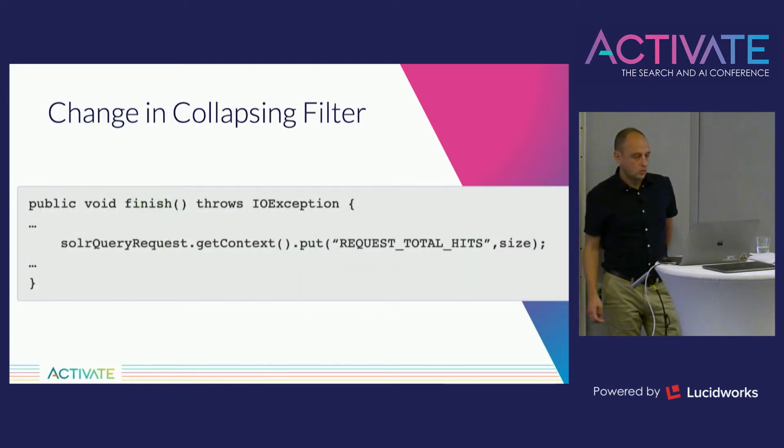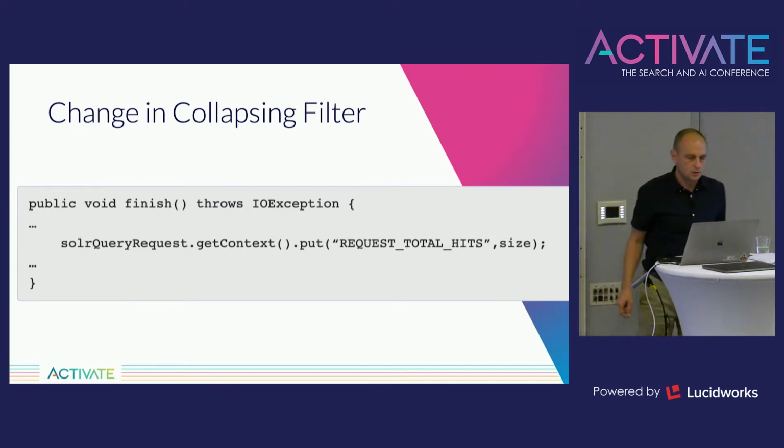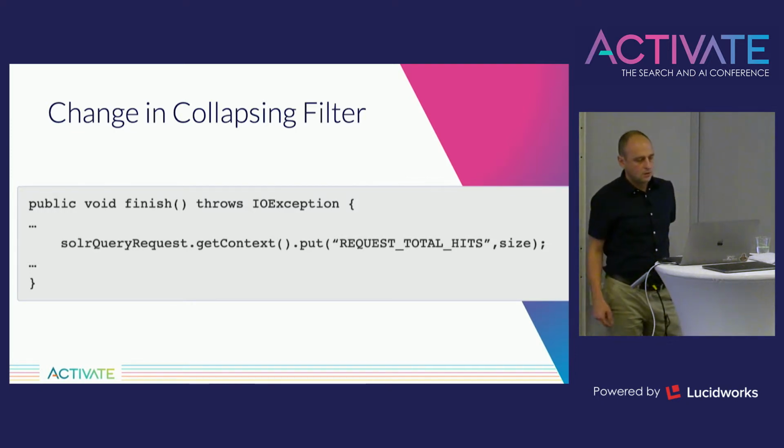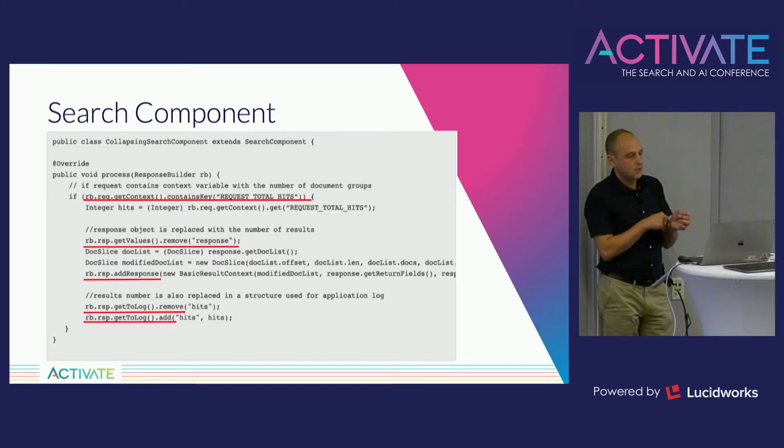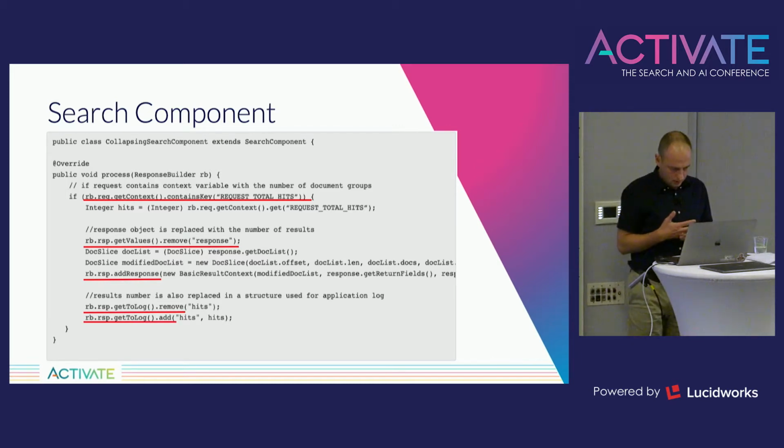What we had to do was to implement a finish method in our collapsing filter, where we added the correct number of total hits, and we had to implement a search component that checks whether this variable in the request context is set.